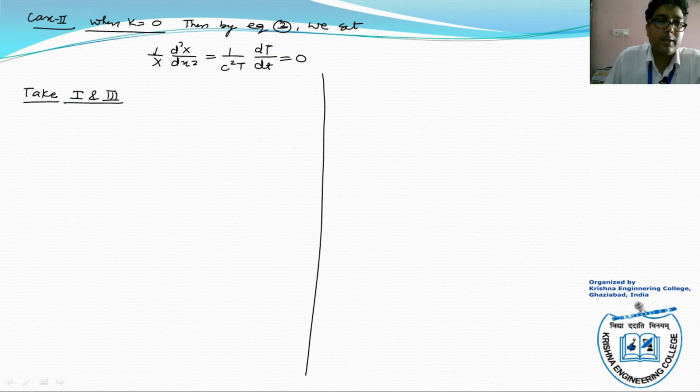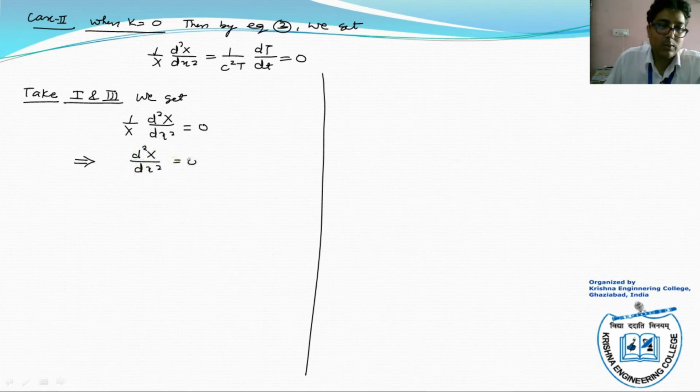Take first and third term. So we get 1 upon capital X d square capital X over dx square is equal to 0. By using the cross multiplication, we get d square X over dx square is equal to 0.